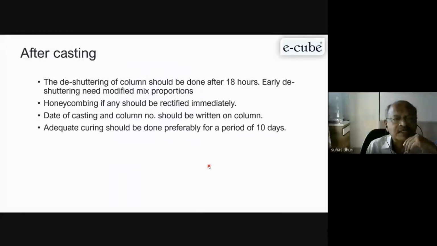After casting and compaction, before deshuttering of the column, we should allow at least 18 hours. Early deshuttering needs modification of the mix. Suppose you want early deshuttering at 12 hours, you have to modify the mix so that it develops that particular strength level. Then only you deshutter the concrete. Otherwise, there is a general practice that at 9 to 10 o'clock in the morning the carpenters will come and deshutter.